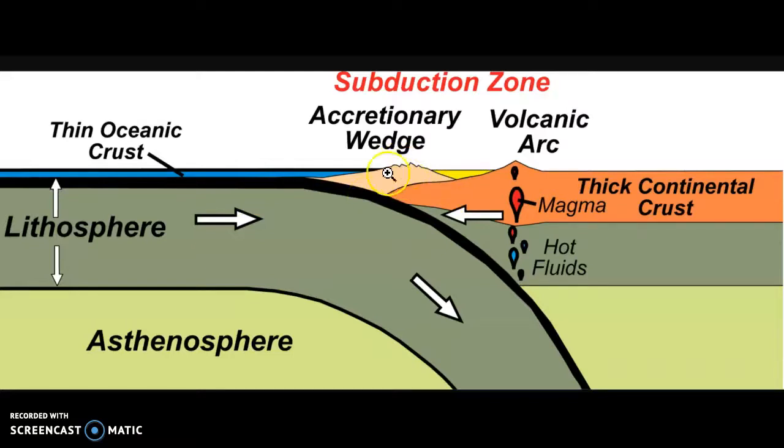But this is nothing big associated with your syllabus at this point in time. So just remember some examples of converging plates, and make sure you remember some examples of each of the features we mentioned.